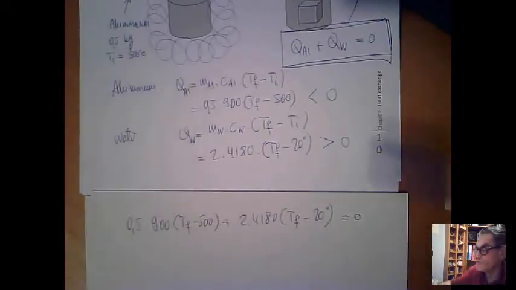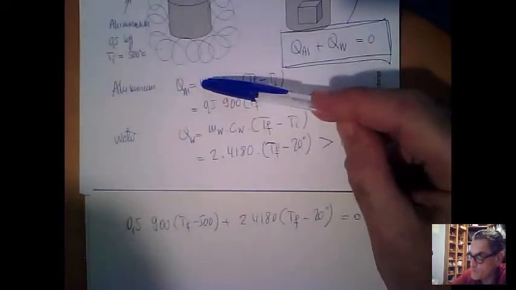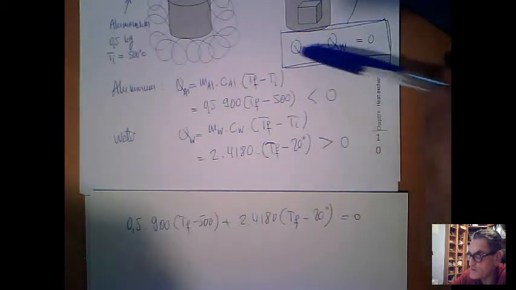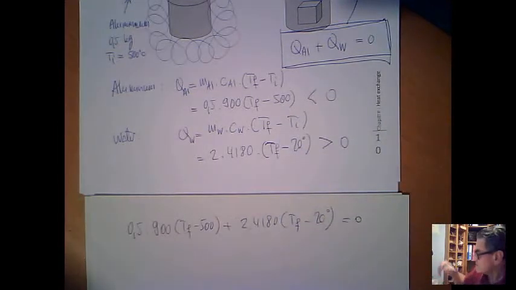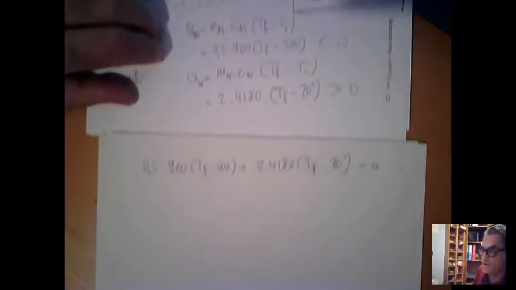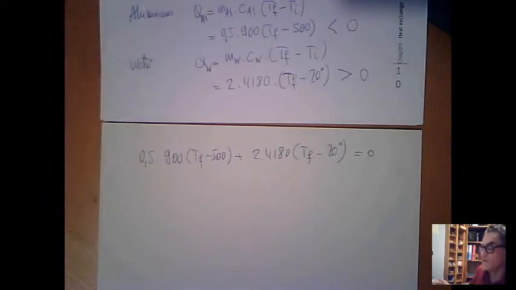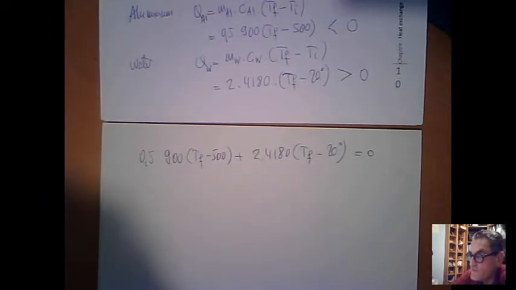Okay, I just replaced these two terms in the equilibrium equation, and I got that. And now how do we solve that? Have an idea? Well, we have to isolate TF, but it's a bit of a mess because TF is inside a parenthesis. So what do we do?